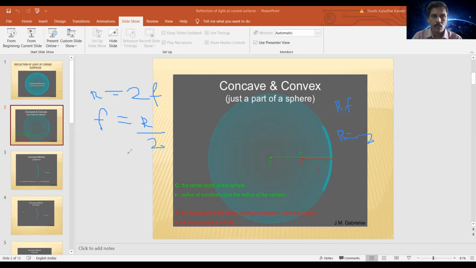From this relation, if you know the radius of curvature of a spherical mirror, you can calculate the focal length. If you know the focal length, you can calculate the radius of curvature.